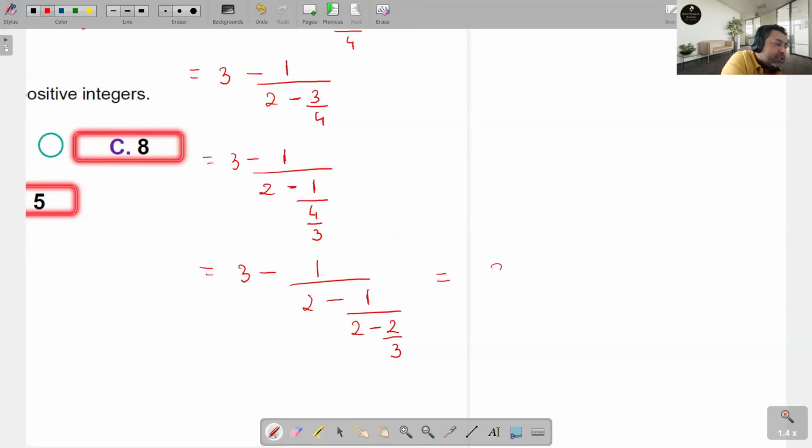And we are going to write this then again 3 minus 1 by 2 minus 1 by 2 minus, again we'll put a 1 here and we'll flip this fraction and write this as 3 by 2.